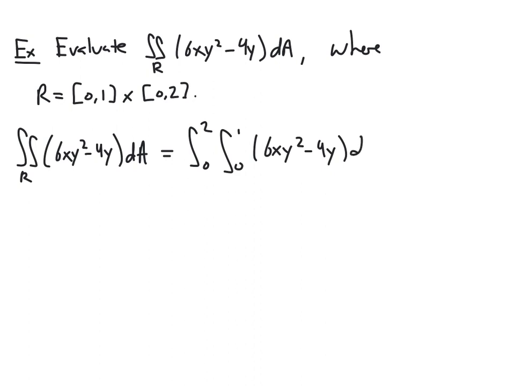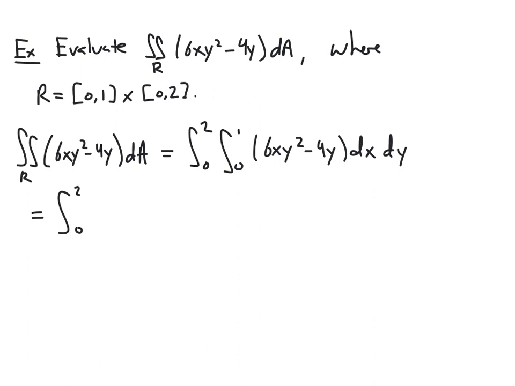So 0 to 1 is x, so I want to do dx first and then dy. Right? And now we just compute. So the inner integral is with respect to x, so I need an antiderivative of that with respect to x.